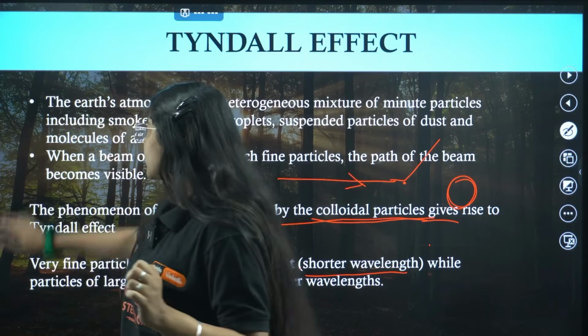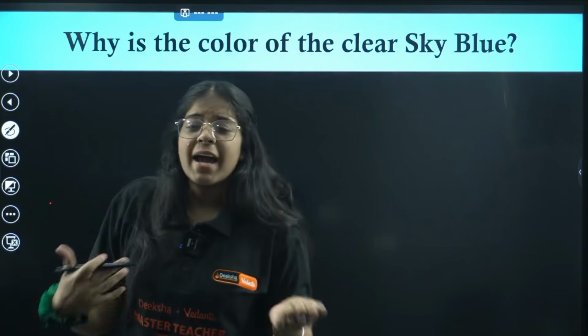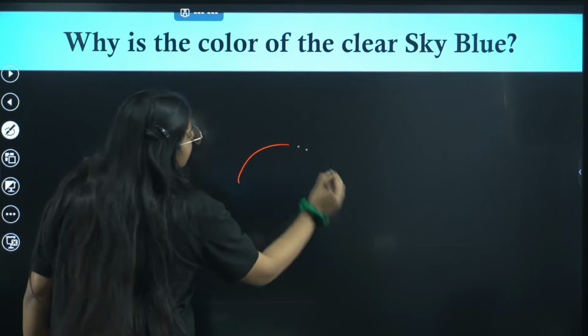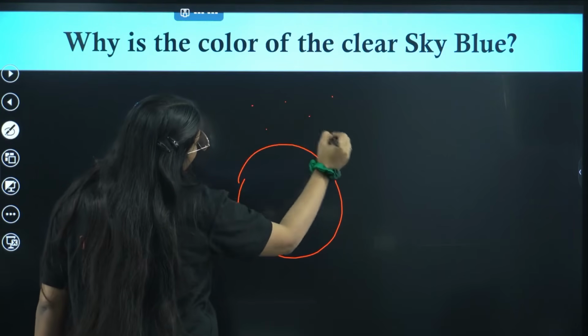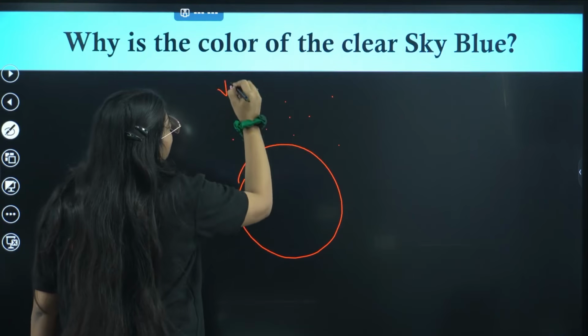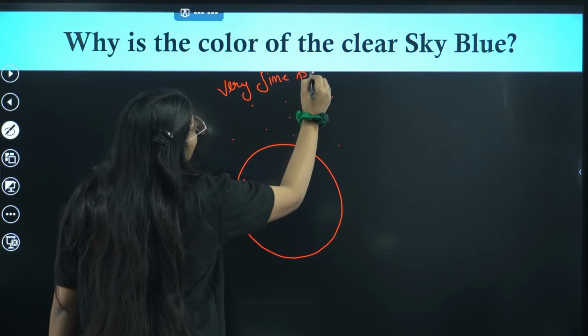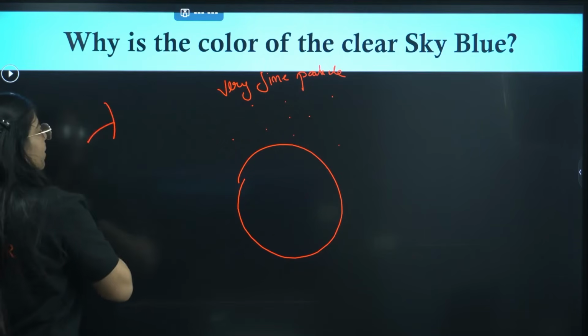Now, we will see some questions that arise from this topic, which is, why is the color of our sky blue? Now, what did I say? This is my earth. My atmosphere has very fine particles. And the wavelength, this is how you denote wavelength, lambda.